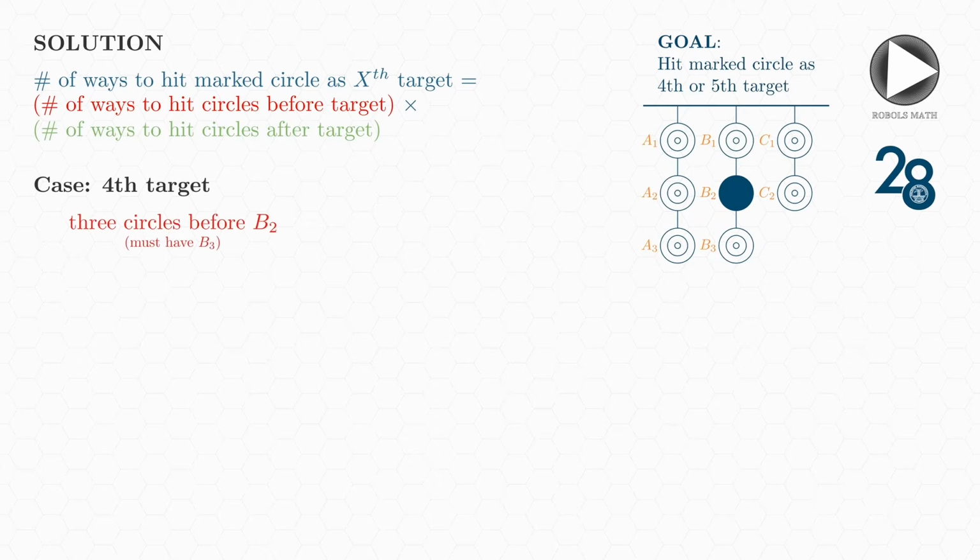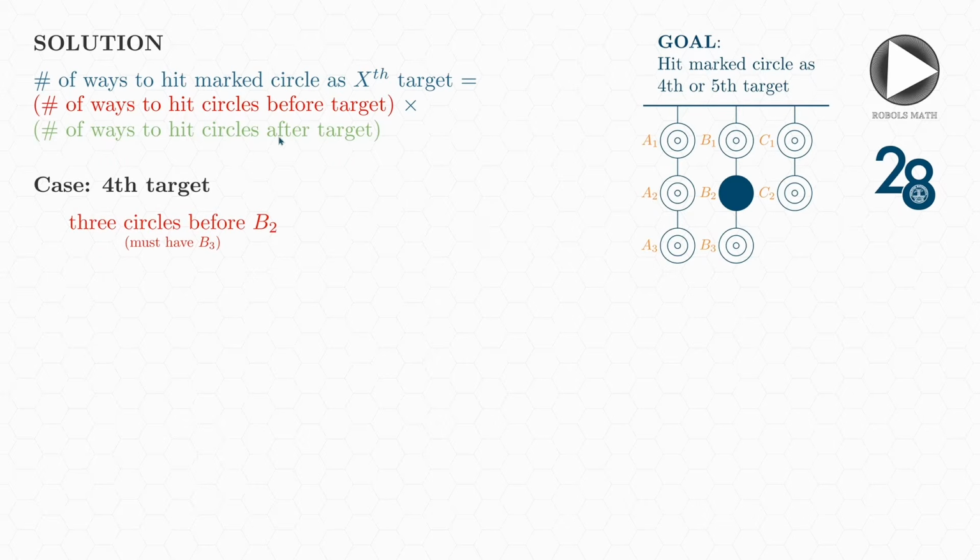If that's the case, as I've mentioned, we have to hit three circles first before B2, right? And it's important to note that since we have to hit B3 first before we can hit B2, this red group here must always contain B3. We must hit B3 first before we can hit B2, right?